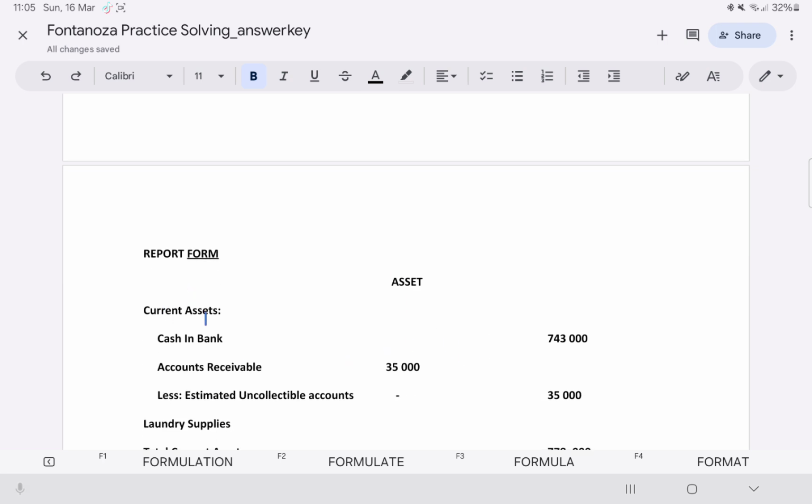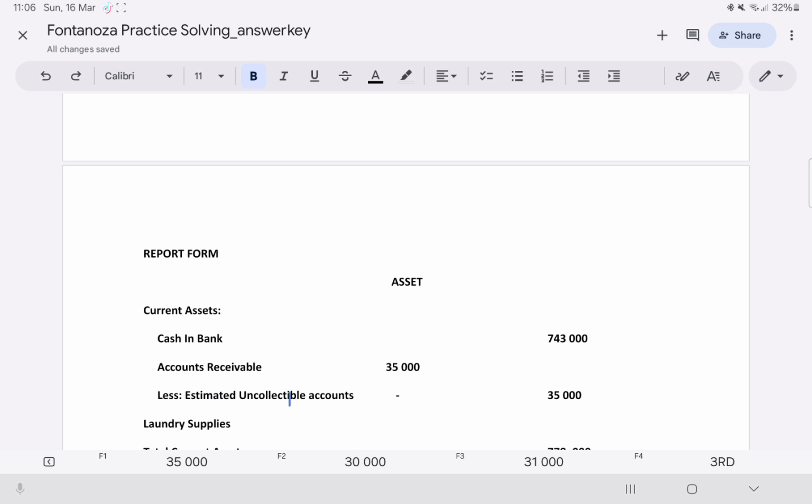Under the current assets we have cash in bank amounting to 743,000. We get this data from our trial balance. Then accounts receivable amounting to 35,000.